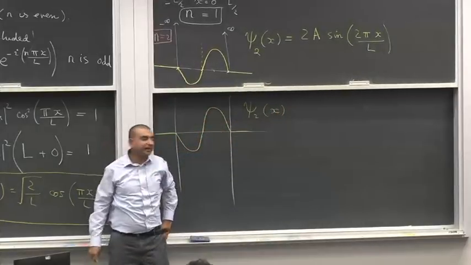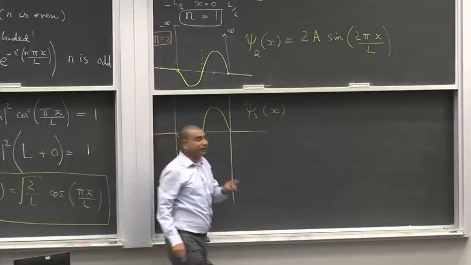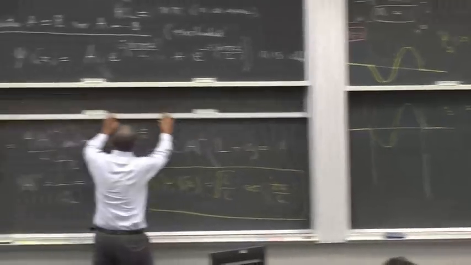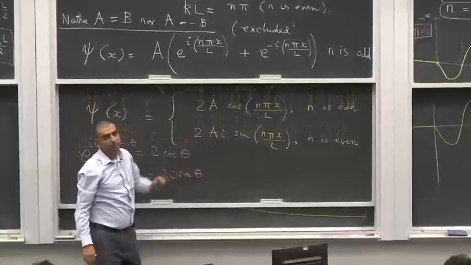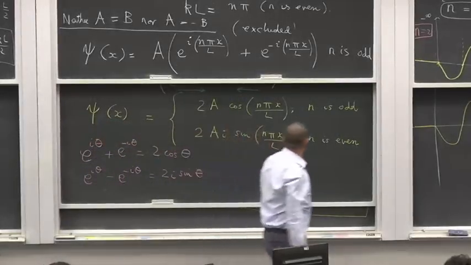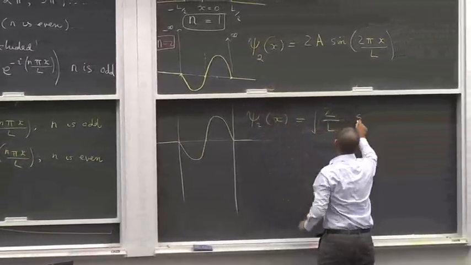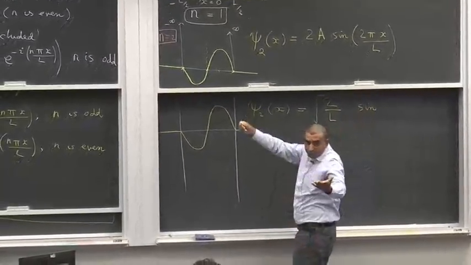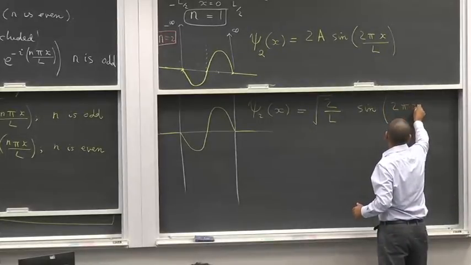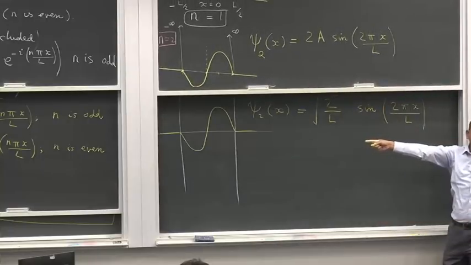Excuse me, still in class. This is the wave function for n equals 2. This wave function is given by the expression over here, and I can ignore this iota. So this wave function is 2 times A, which is again 2 over L, sine of 2 pi x over L, because I'm talking about the n equals 2 wave function. This is a plot of the wave function.